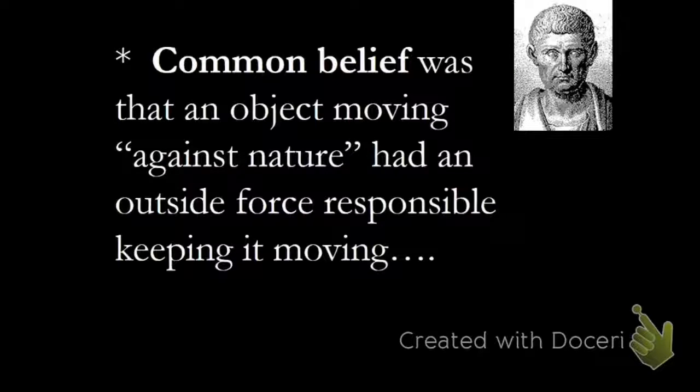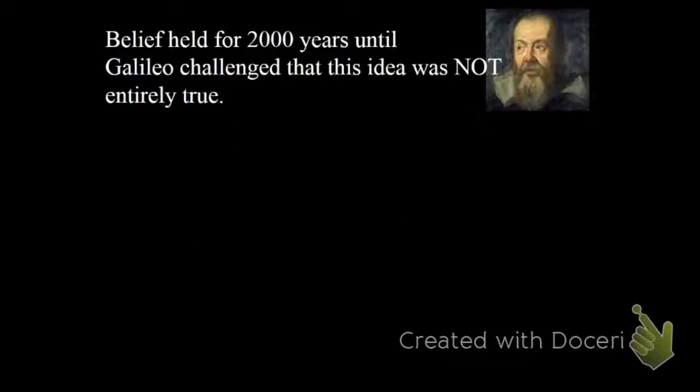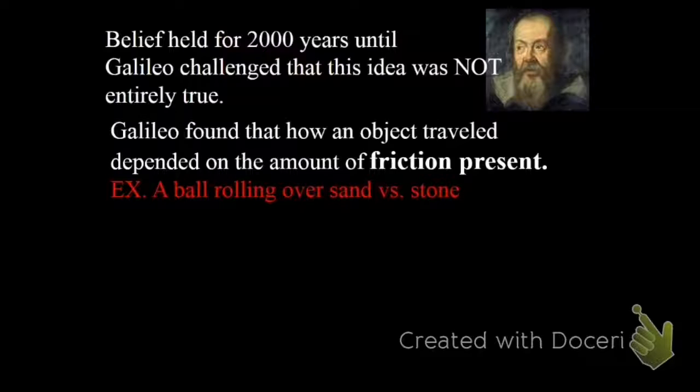And that moving an object was against nature, so you had to have an outside force, not only to start something moving, but to keep it moving. And that's going to be the big misconception here that we're going to try to clear up as we go through history. So that general belief was held for about 2,000 years until Galileo came along, and he was really big on experimentation and realized that Aristotle was not perfectly correct.